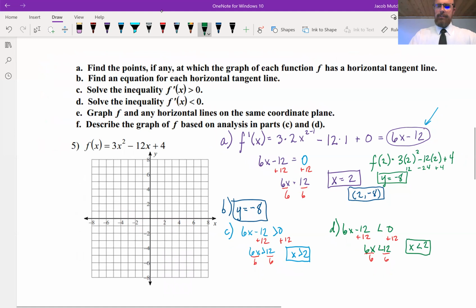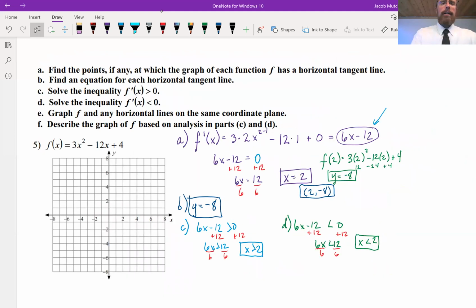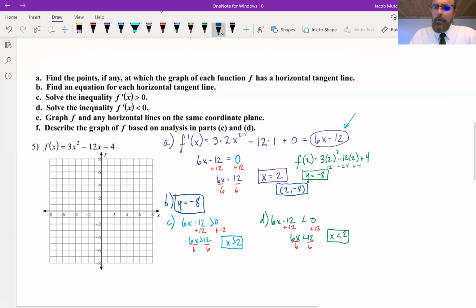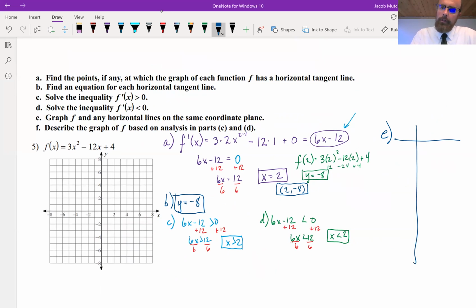Part E says to graph. So we'll create a coordinate table here and graph our points. I'm going to put part E on the far right, with a table. There's our x values, and what we'll calculate is 3x squared minus 12x plus 4.